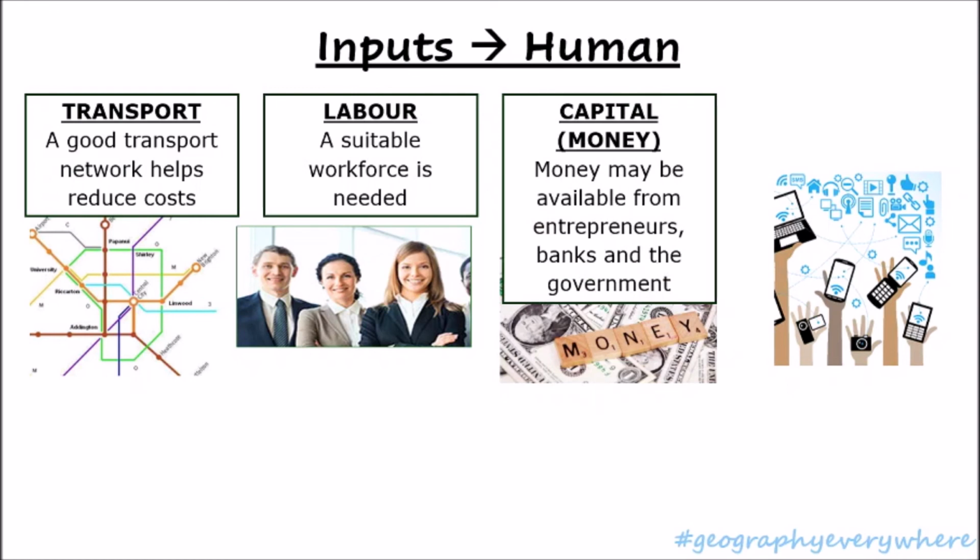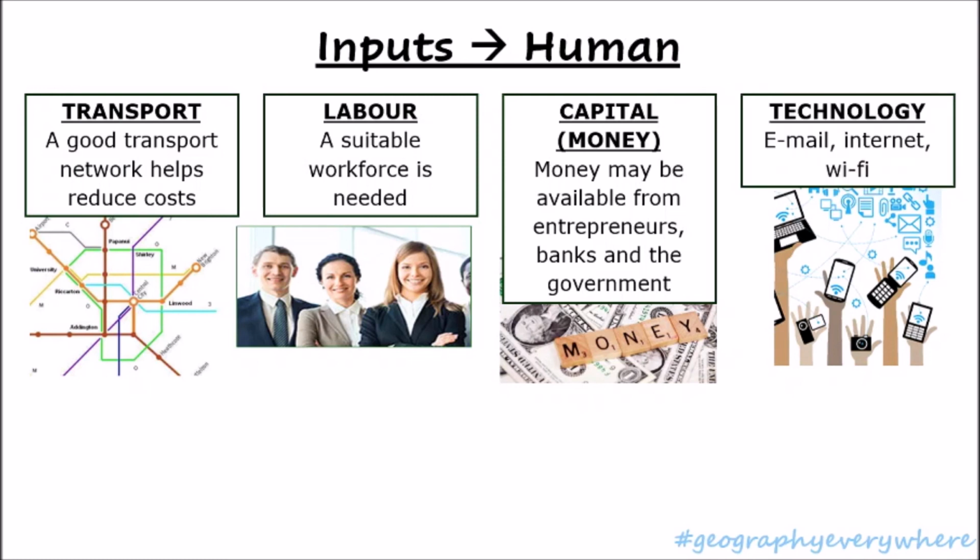Capital, money may be available from entrepreneurs, banks, and also the government. Technology is also a human element, which is really important, like email, internet, and others.